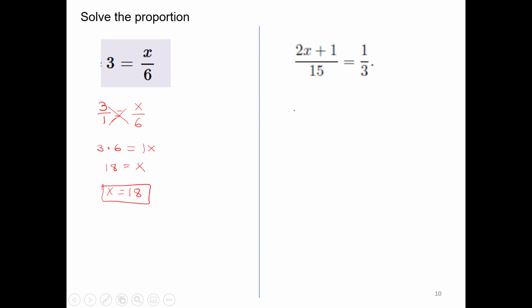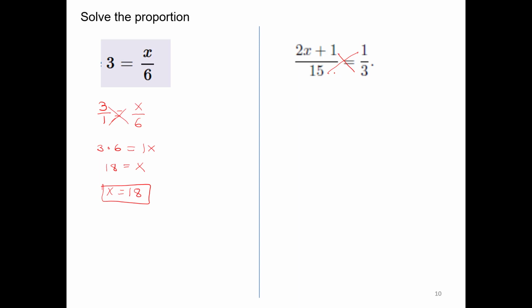We need to be careful with that. But we will solve it the same way we solve the other proportions. We multiply the extremes, which must be equal to the product of the means.